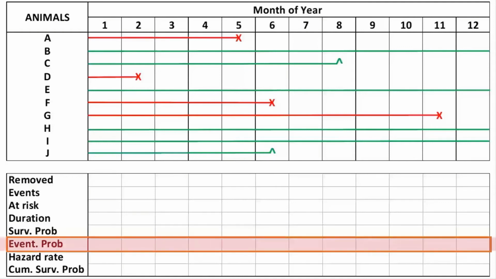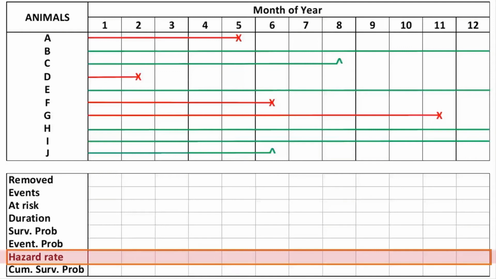When we have an event probability, basically it's 1 minus the conditional probability, while the hazard rate is the quotient between the conditional event probability and the duration row, representing the length of the respective follow-up interval, which in our case is 1.